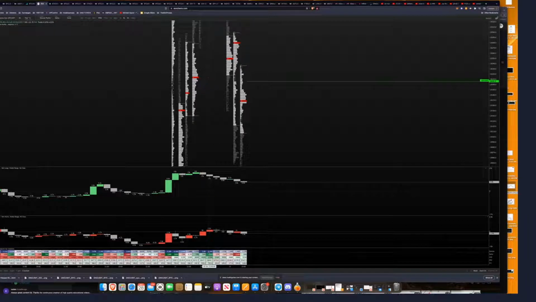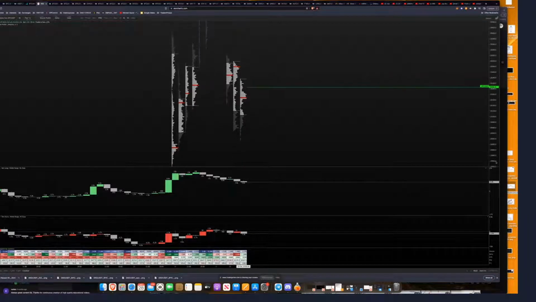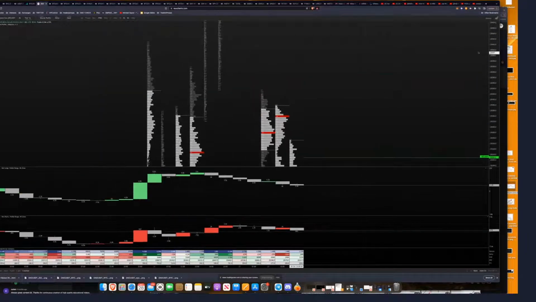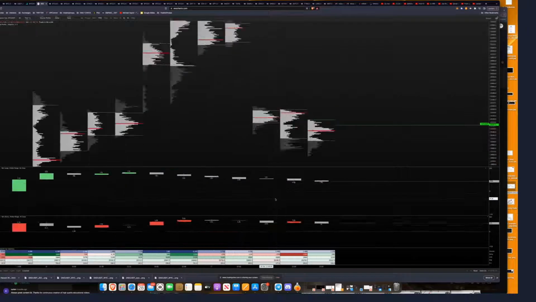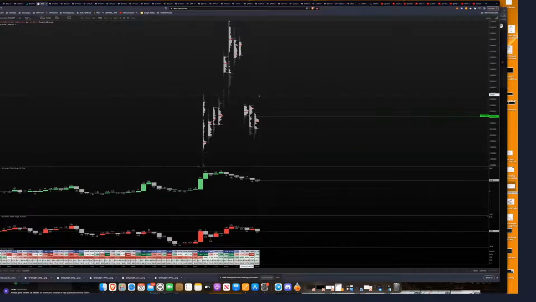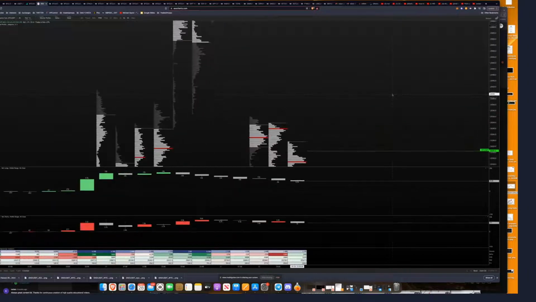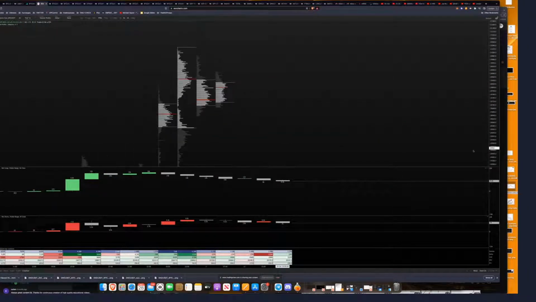So you've got 6.2 billion. I wish I could change that scale. Looking at 6.2 billion with only 131 million to the upside, that's more bearish than bullish. Not much pressure up there, and then you've got the negative numbers coming down.